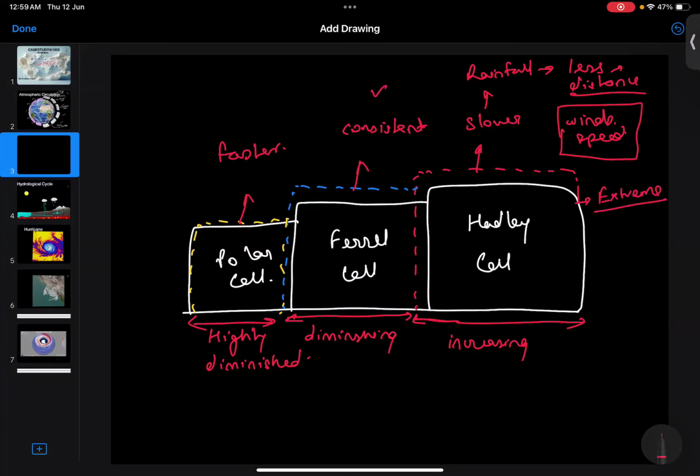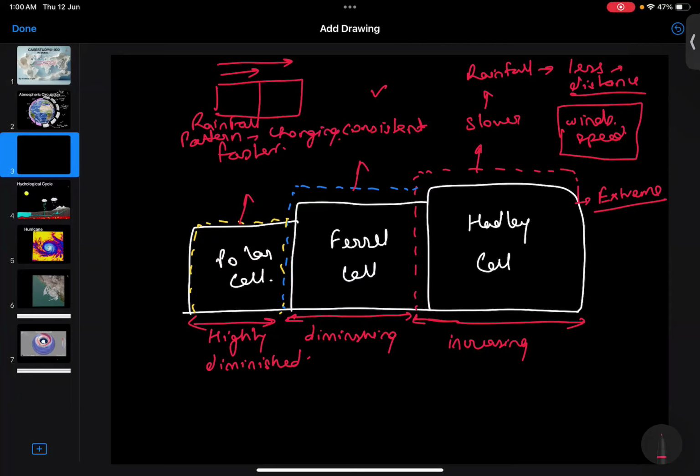Okay, in the Ferrel cell it is quite consistent, but in the polar cell we'll be seeing that the winds which used to move to a certain distance, now because they are faster in nature, are moving further than the previous distances. So because of this, the rainfall pattern here is again changing.